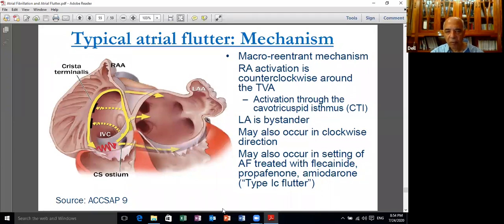There is something called the type 1C atrial flutter. In patients with atrial fibrillation, if you give them flecainide or propafenone, they organize their atrial fibrillation and change it into atrial flutter. Now, this atrial flutter can conduct one-to-one across the AV node and thereby increase the ventricular rate.